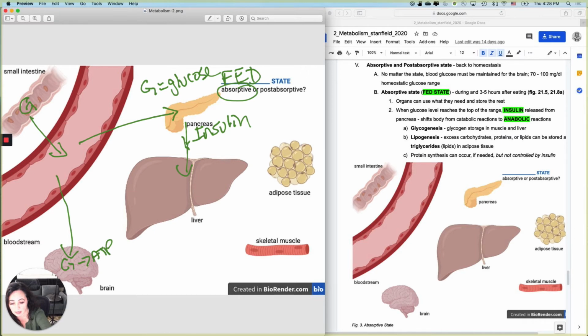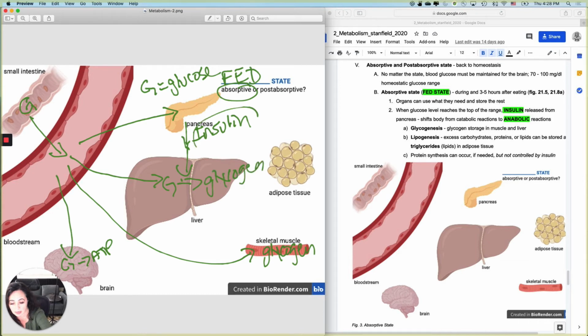Glucose is also going to go to skeletal muscle, and skeletal muscle is going to use it for skeletal muscle work, and then if skeletal muscle has extra, it is also going to store it as glycogen. And then glucose is also going to go to the liver. And what the liver will do is, in the presence of insulin, it is going to store glucose as glycogen.